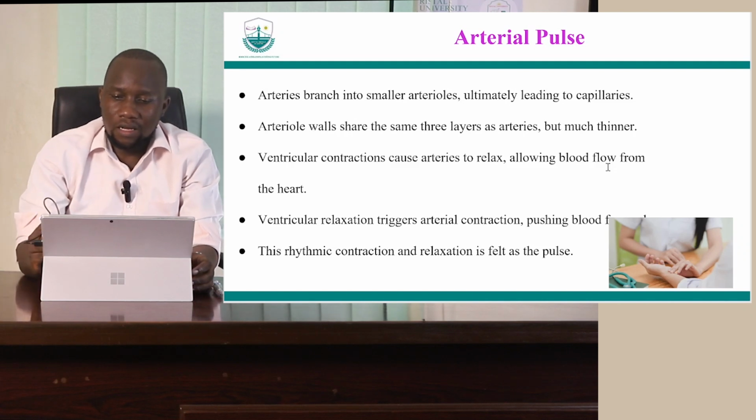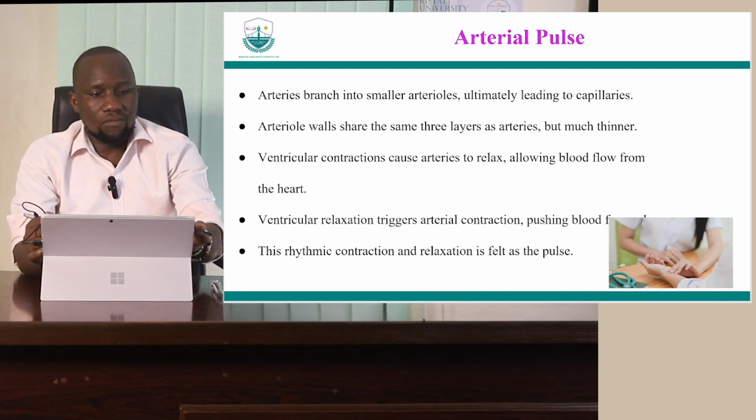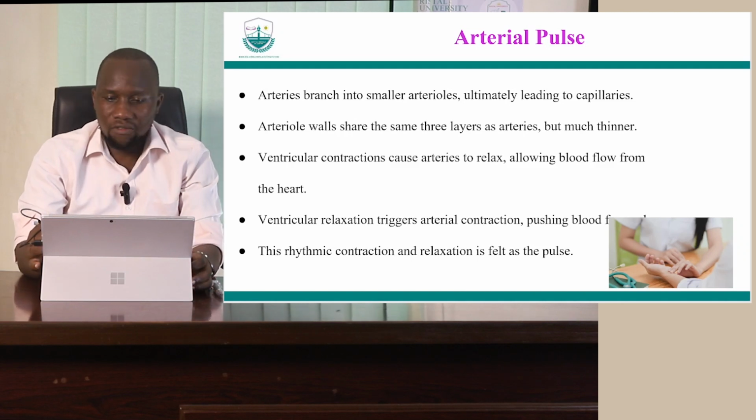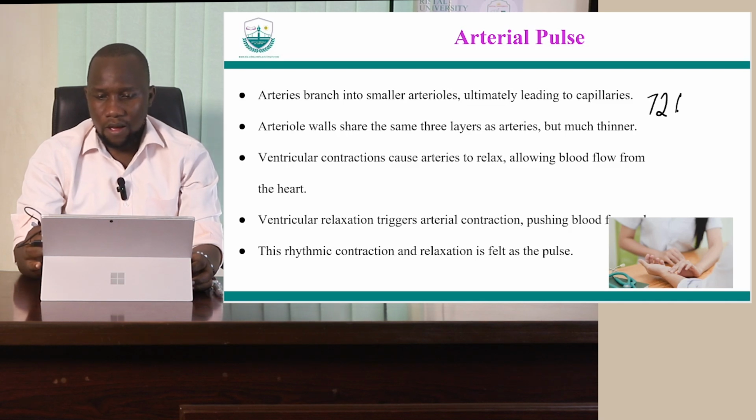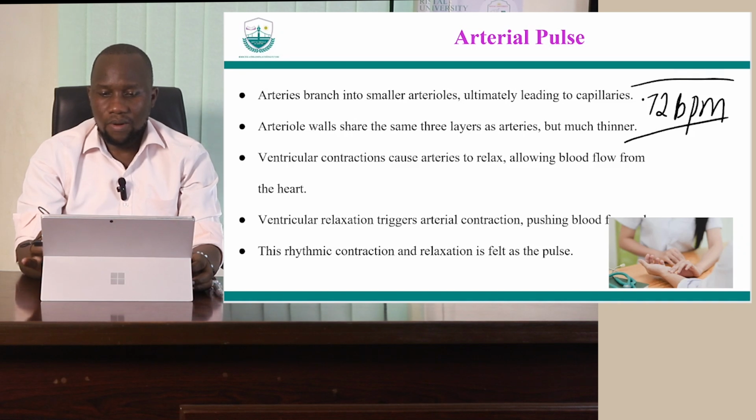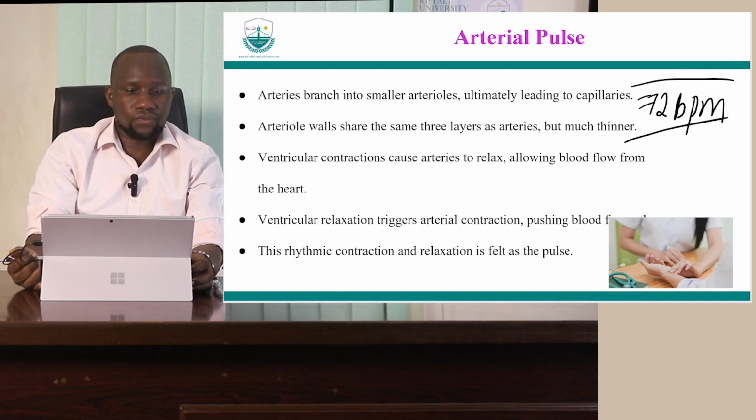Okay, on average, for an adult, you can have the pulse rate at 72 beats per minute. Okay, the pulsation.